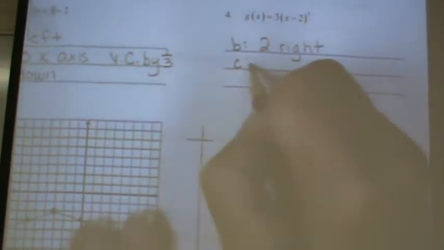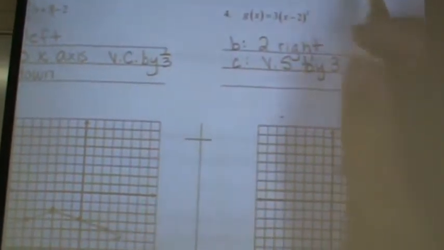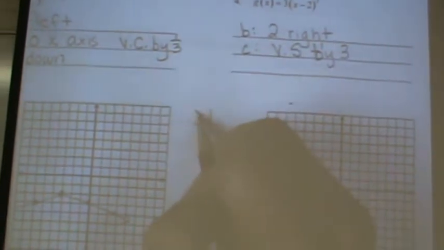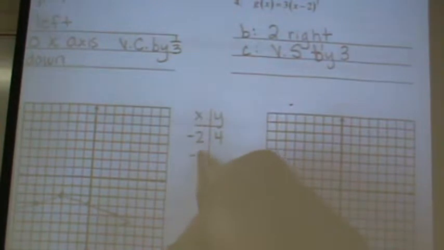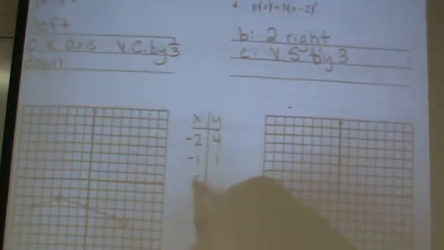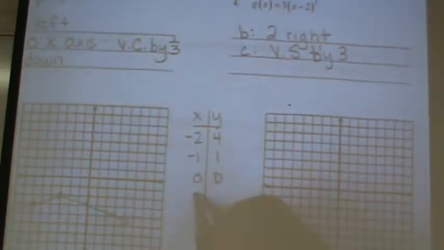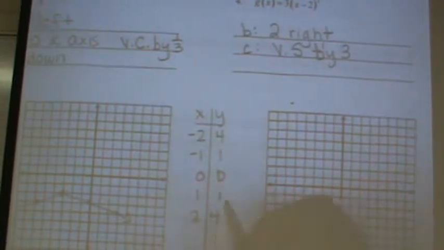And for C, it's a vertical stretch by 3. If you looked at your parent function, x and y, and we did this like we've been doing for the last few days: 0, 0, 1, 1, 2, 4.